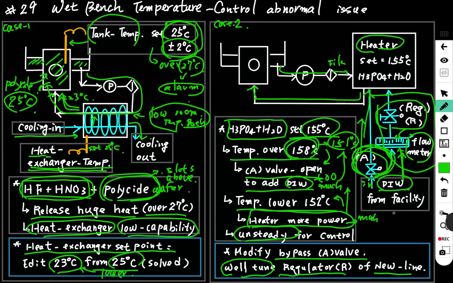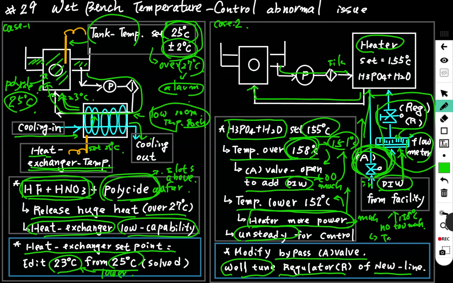Then when the temperature is over, the DI water in is smooth, not too much DI water.